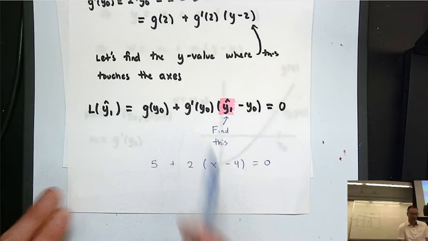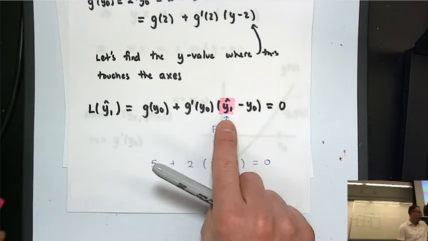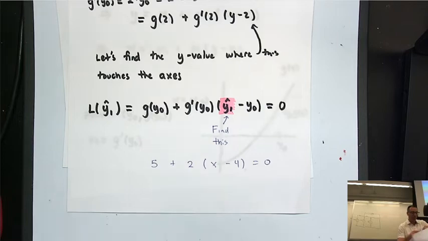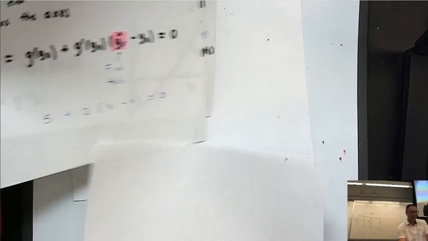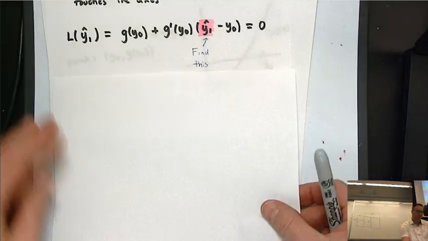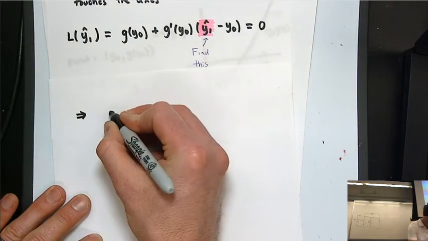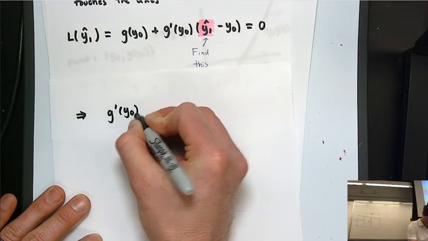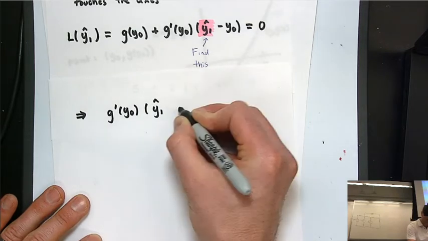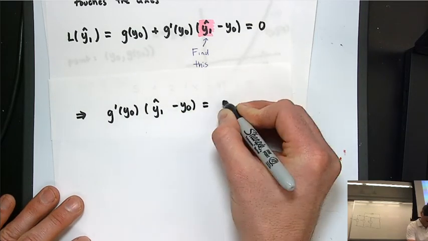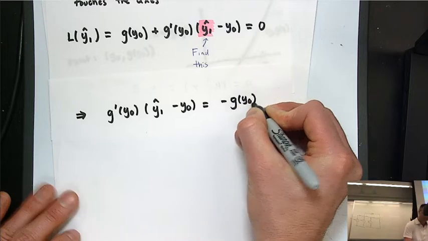So how would I find my y1, my desired variable value? Yep. So now I've got g prime of y naught outside of my desired thing that I'm looking for is minus g of y naught.